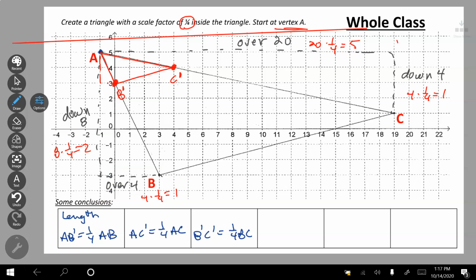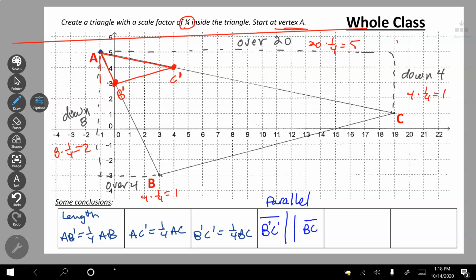But the other thing I really see is that if I look at line B prime C prime and compare it to line BC, they are parallel to each other. What does that mean?